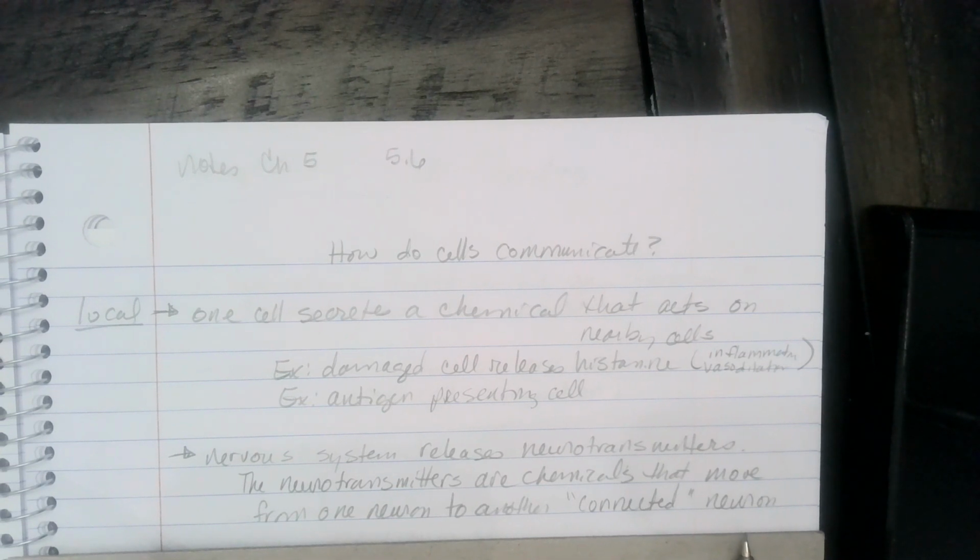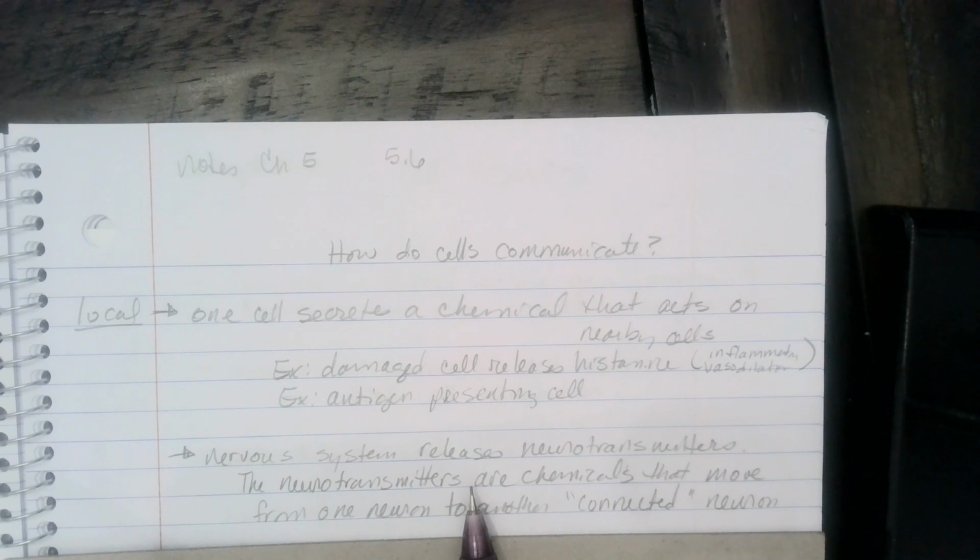The neurons still have to be nearby, but it's very specific communication. It's kind of like if you send an email, you're sending that email to a specific email address. So information goes from one cell to another specific cell.